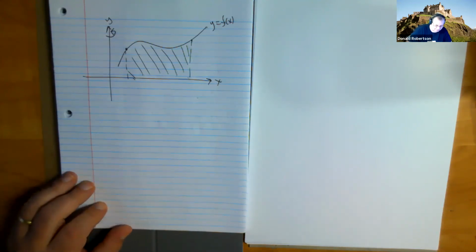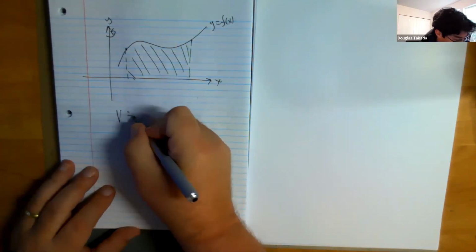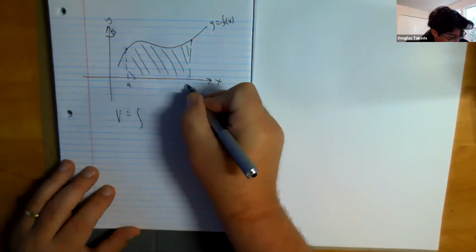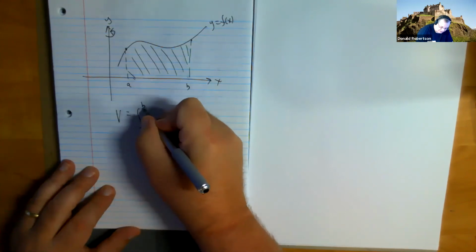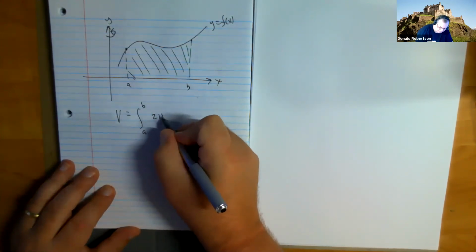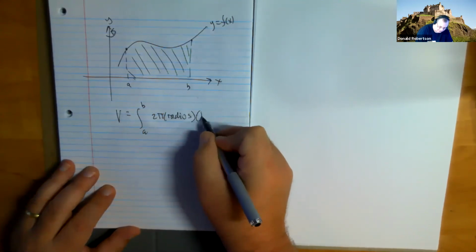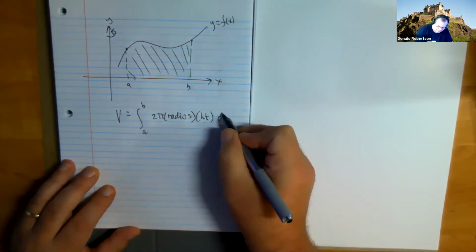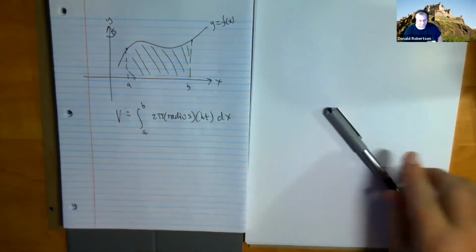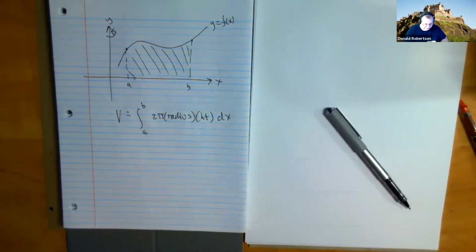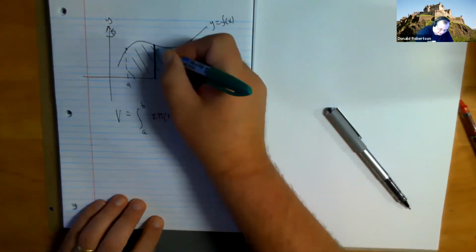But in the shell method, it's the integral from a to b of 2 pi radius height dx. So how do you find those guys?